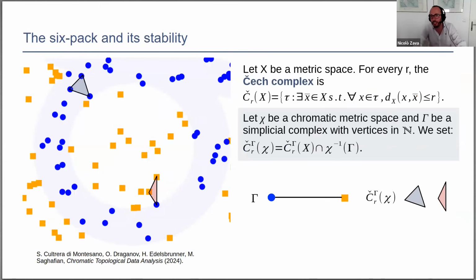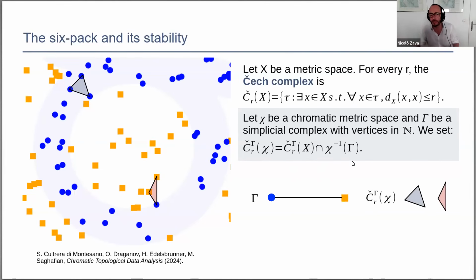We need a few definitions to understand what's going on. What the heck are these six-packs? At least a bit of intuition, a few definitions. So let's start with the Čech complex. Here's the definition, and then we construct a subcomplex of the Čech complex depending on a finite dimensional simplicial complex, gamma, with vertices in the set of colors N. Basically, you save only those simplices whose vertices are colored according to gamma.